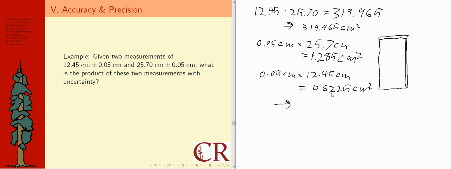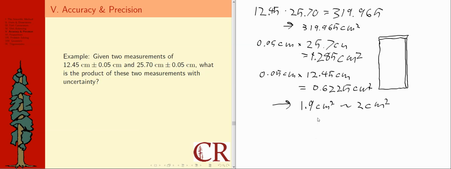I put in all the digits my calculator had, but this is an error, so I should probably round off a little bit. It's going to round off to about 1.9 centimeters squared, which is pretty close to 2 centimeters squared. So there's maybe a couple different options here.